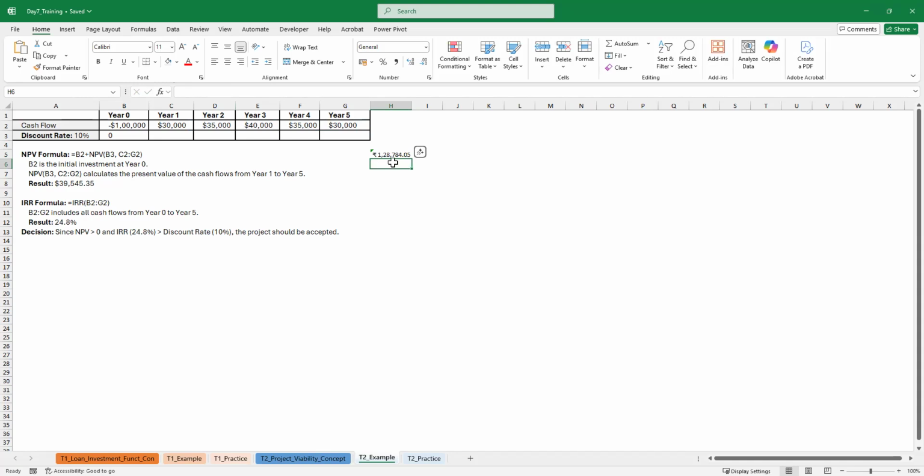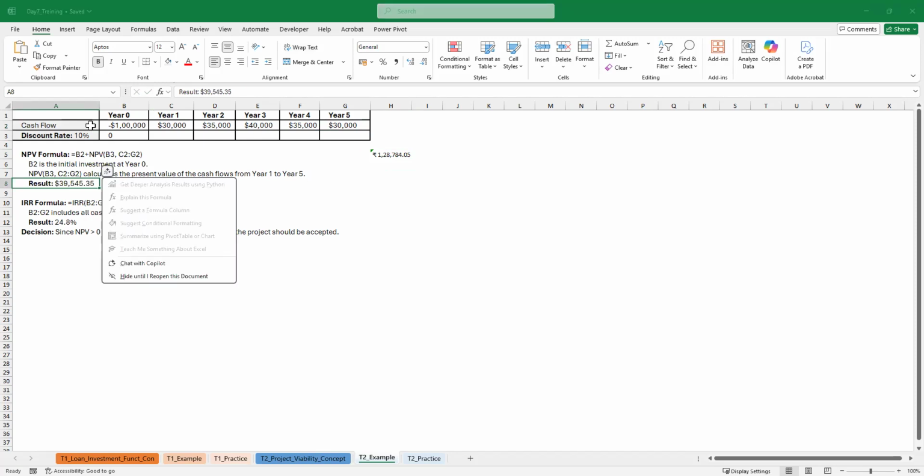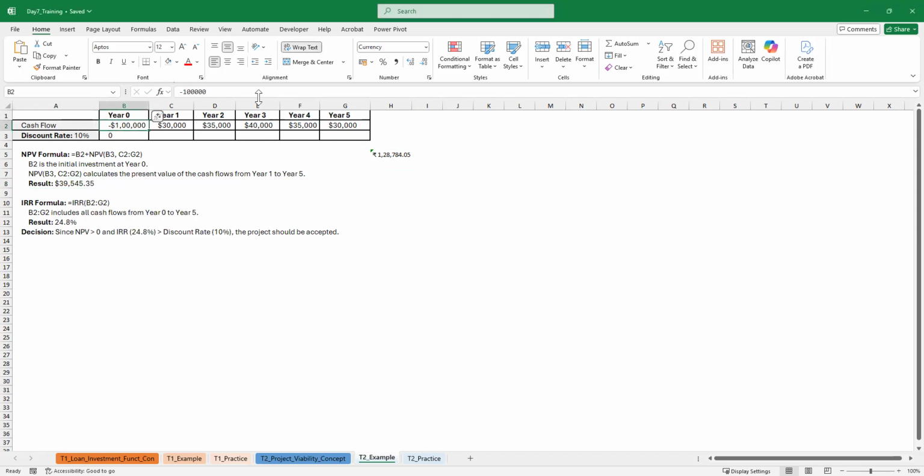So this says 1,28,000 as the value, but the catch is we have to also consider this value, which is 39,000, sorry, which is the first year's investment, and that has to be negative.